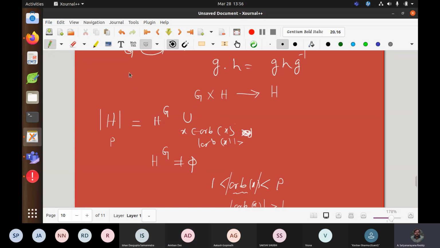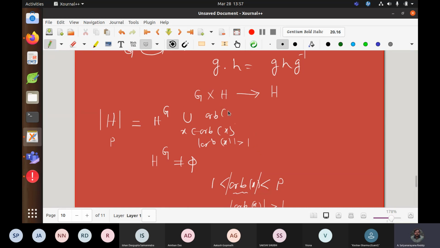What do you mean by H^G? It is all those elements which are fixed by every element of G. Remember, I told you these three things are important: the orbit of X, the stabilizer of X, and X^G. Later one more set will come. You have to internalize these.